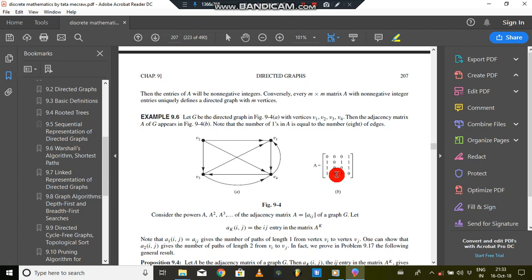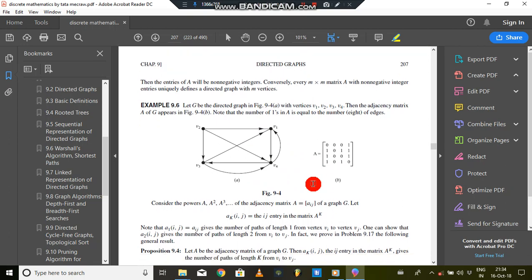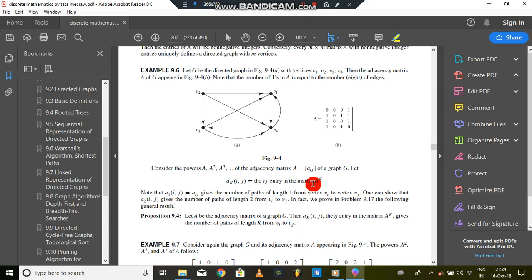And the last one is v4 and v3. So this is the way of storing a graph as a matrix in memory.